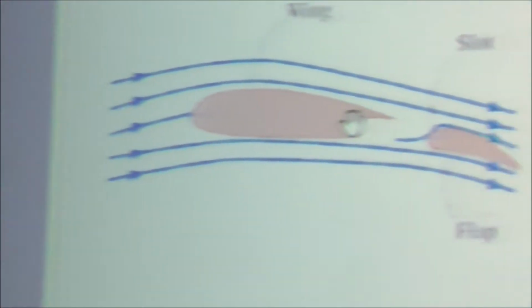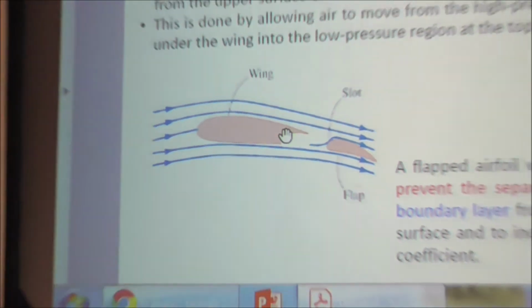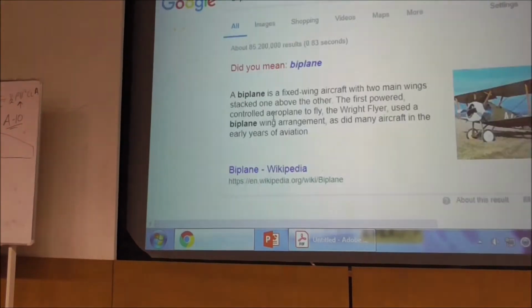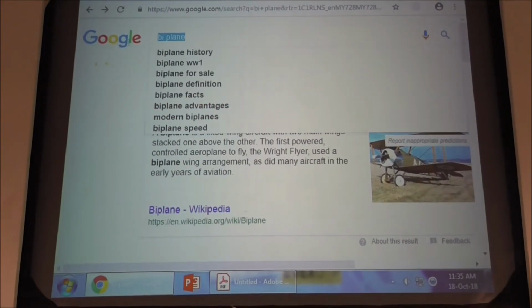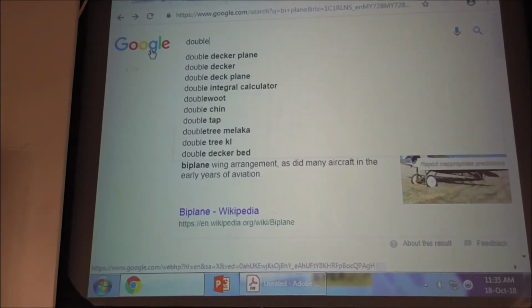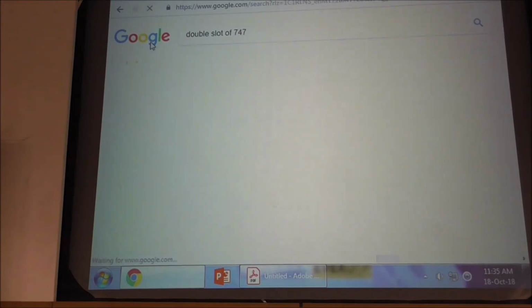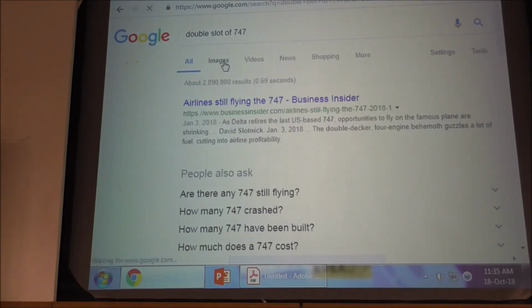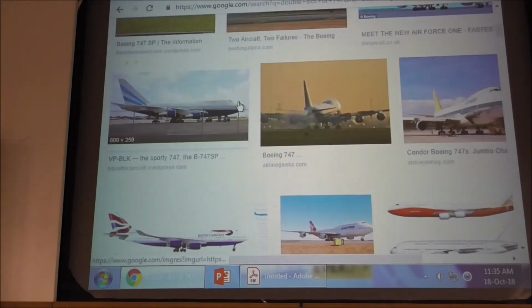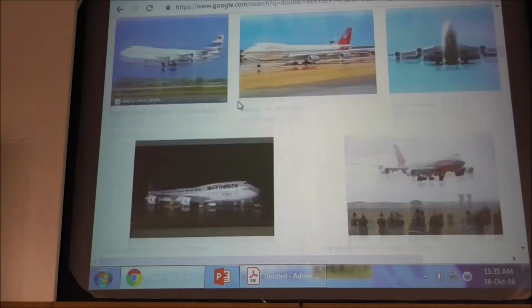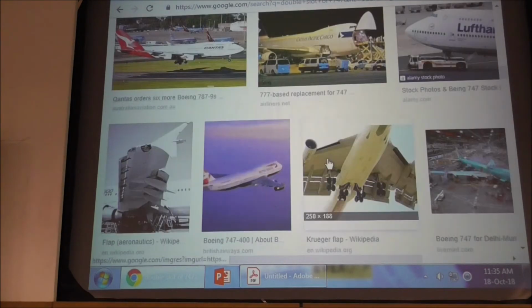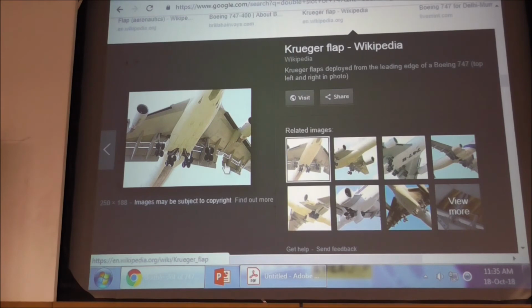What is slot? Okay. If you see the aircraft about to take off or landing, you will see the... okay, can you see it?